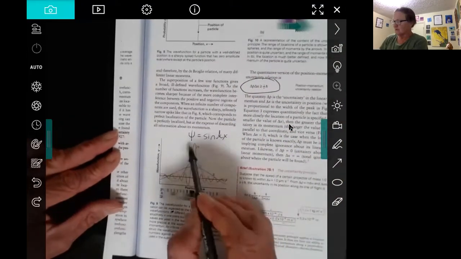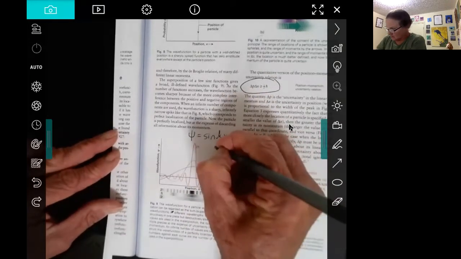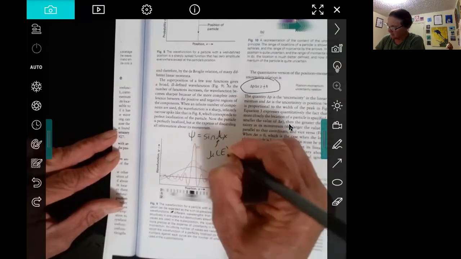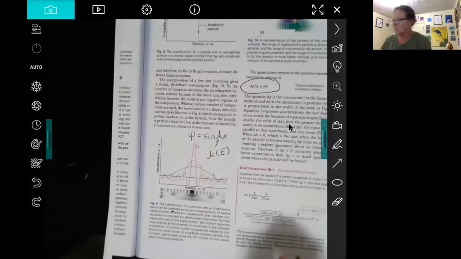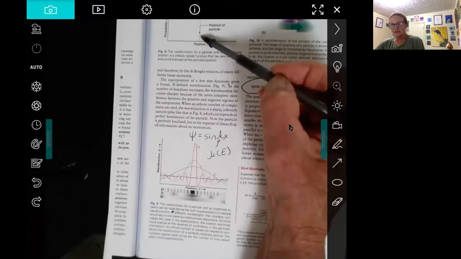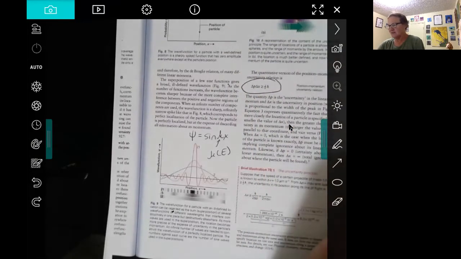But as soon as you had to add these all together, because energy, or k, is a function of energy, which means it's a function of momentum, if you had to add tons of these together with different energies or different momentums, that means when you know exactly where it is, you know nothing about how fast it's going.